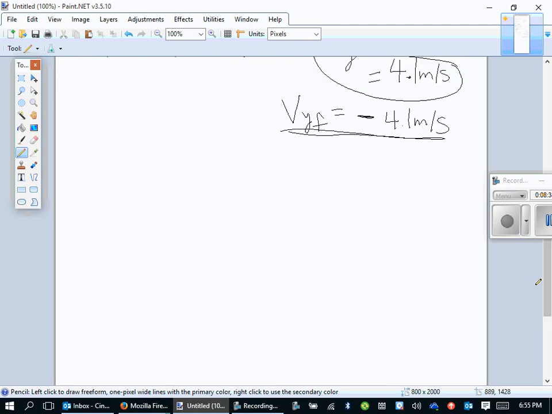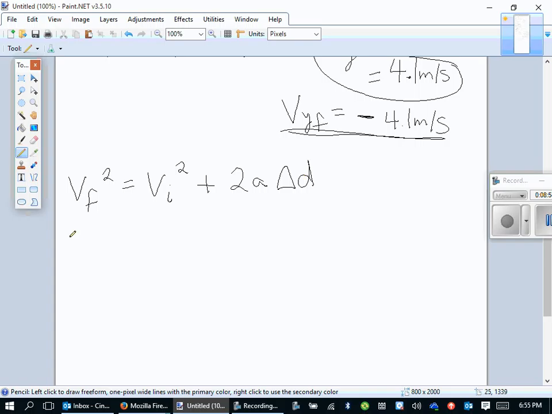Okay, so just to recap. My formula, V final squared equals V initial squared plus 2 times acceleration times displacement. I'm only using things in the y direction, okay?